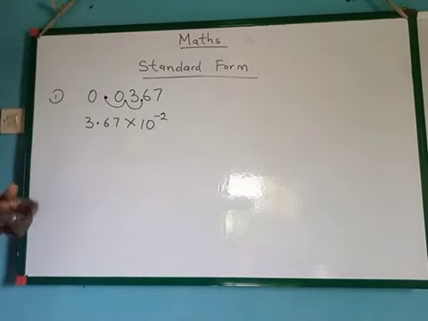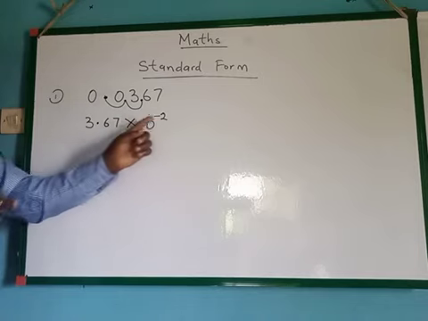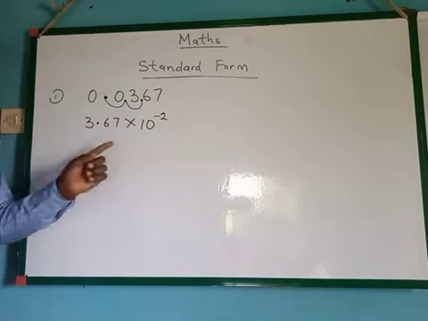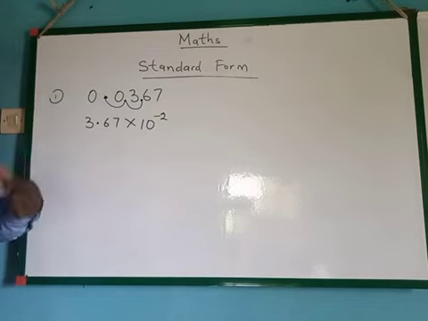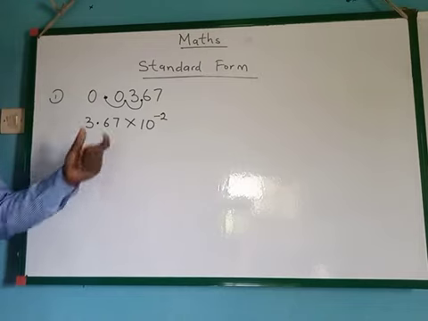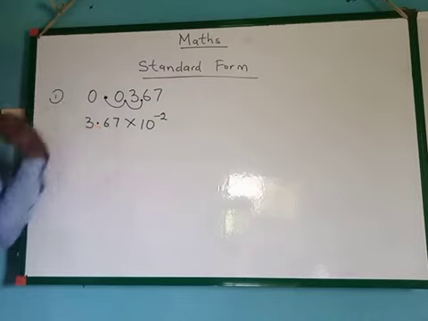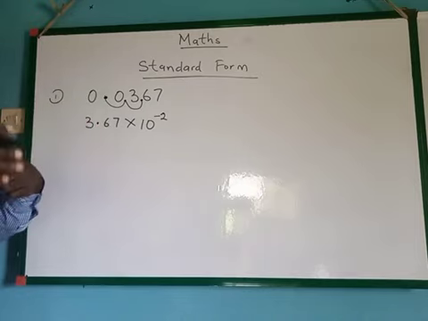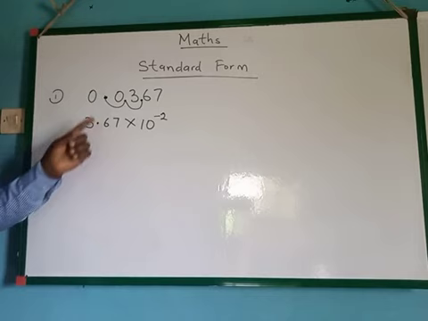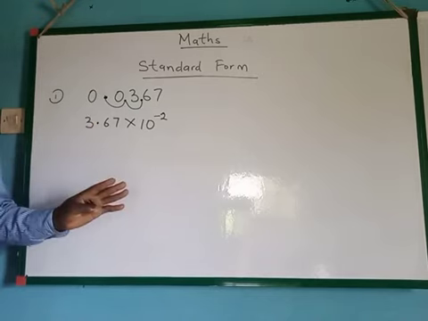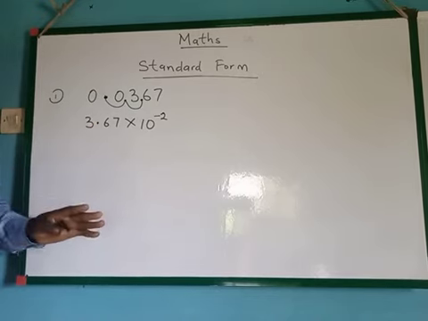Remember, when we're dealing with numbers that are greater than 10, our power was always positive. So also put it in mind that when you are dealing with numbers that are less than 1, that is 0 point, or 0.0, or 0.00, your power is going to be negative. Those are the two major rules.